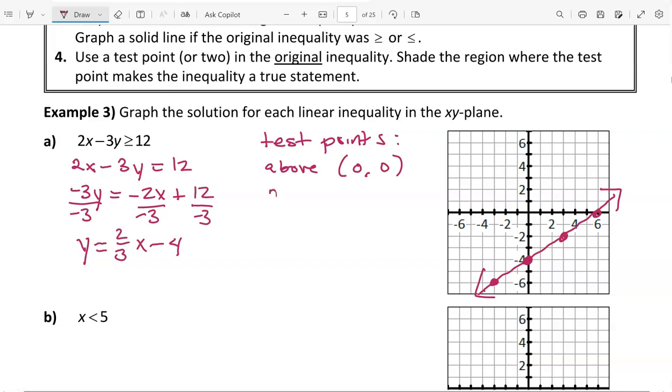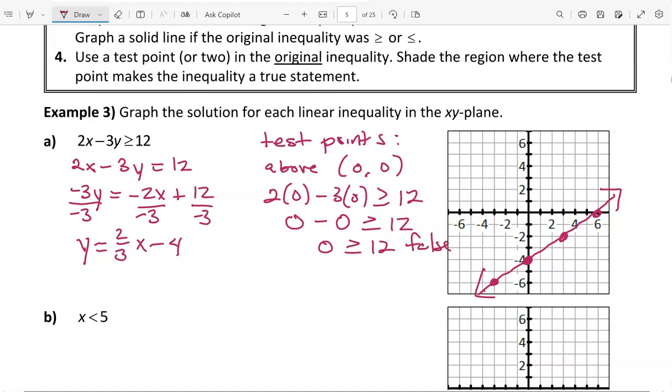And I'm going to take the original inequality and I'm going to replace x with 0 and y with 0, and see if that is greater than or equal to 12. 2 times 0 is 0. 3 times 0 is 0. And 0 is not greater than or equal to 12, so that is false. That means we will not shade above the line.